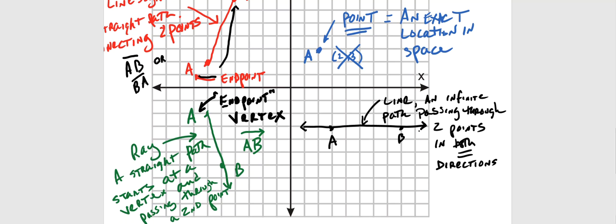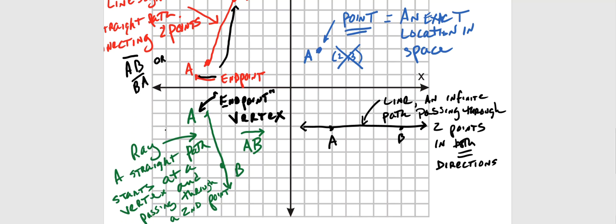All right, so whereas a ray only runs infinitely in one direction, a line runs infinitely in both directions, and both of those are different than a line segment that has two clearly defined endpoints, okay?